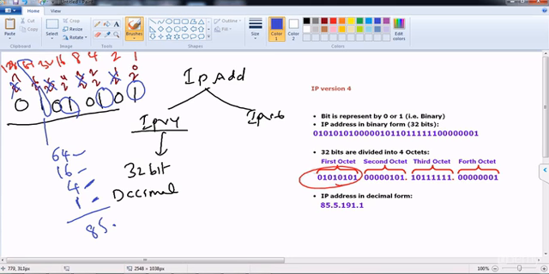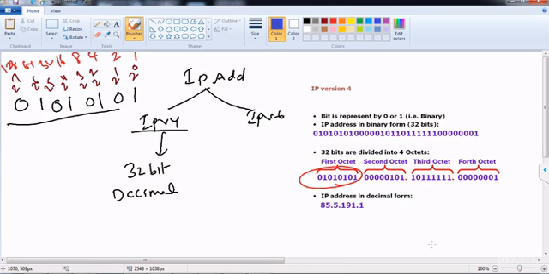So the equivalent decimal value for this is 85. In a similar way the same calculation gives 85 dot 5 dot 191 dot 1. So in general the IP address looks like this, but the computer understands only binary. This example gives a simple idea of how exactly an IP version 4 address looks.